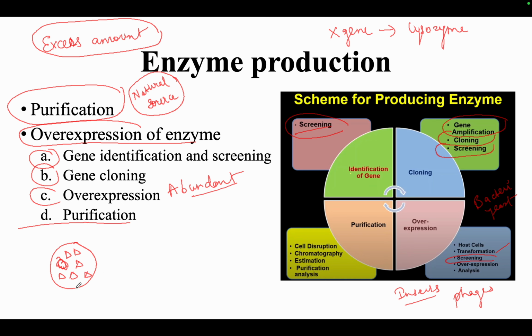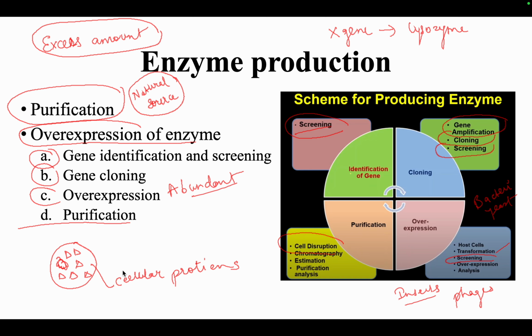Now this protein will be present with other cellular proteins, so it will not be that pure, because it will be present with the other cellular proteins in the host cell. So the last and final step is that we disrupt the cell.